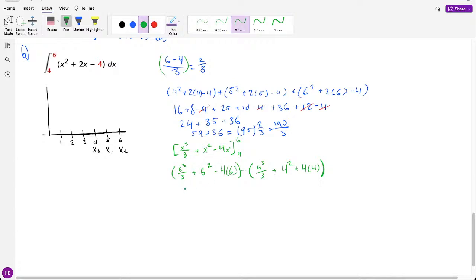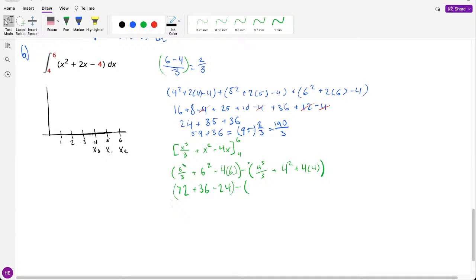Okay. Well, I guess I should start doing the math and just simplifying that. So 6 to the third, and then divide that by 3 is 72. 36 minus 24 minus the entire function over here. 4 cubed is 64.